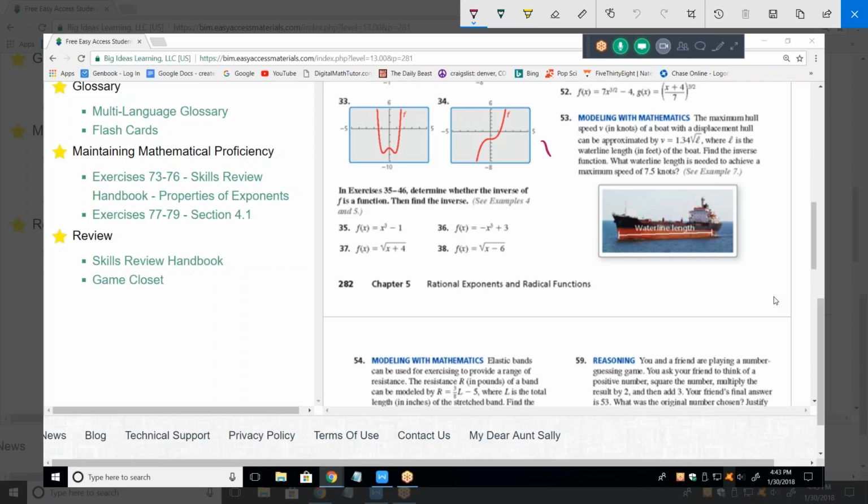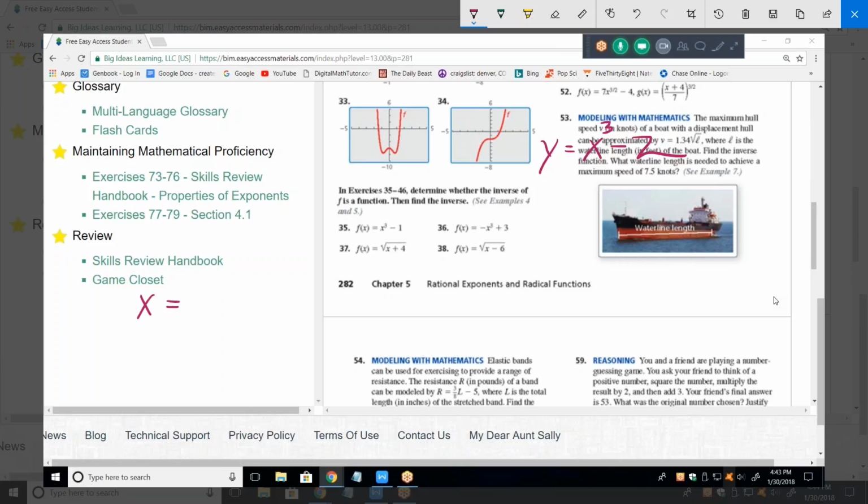34 was y equals x cubed minus 2. Well, this is x cubed minus 1. So it's real similar. So find the inverse in 35. x equals y to, wait. That's correct.